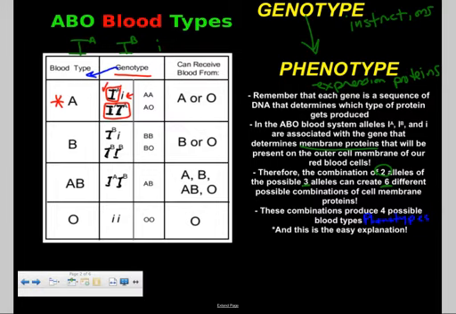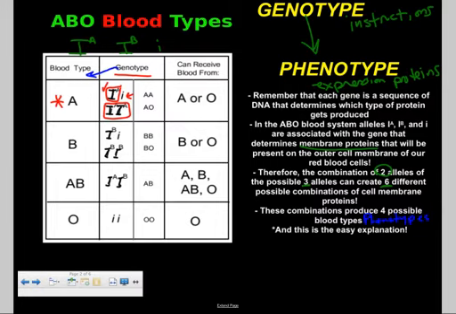In other words, when you have the allele that says I can produce A, in combination with a lowercase i, or in combination with another dominant, you're going to get the blood type A.